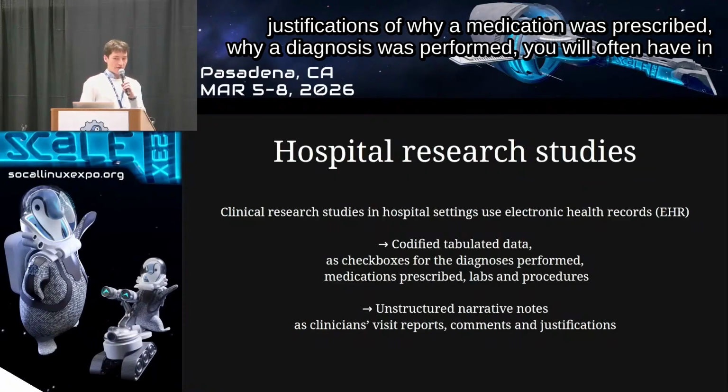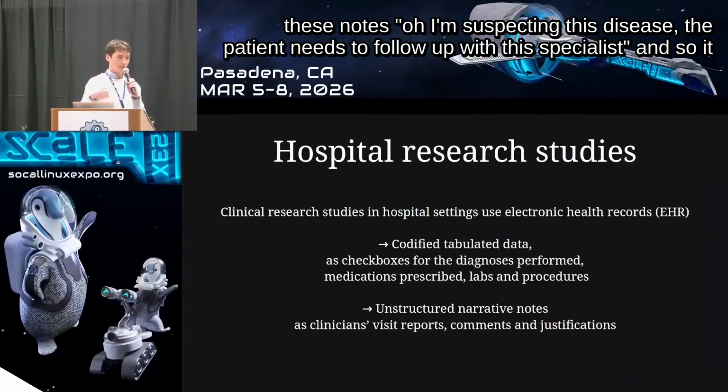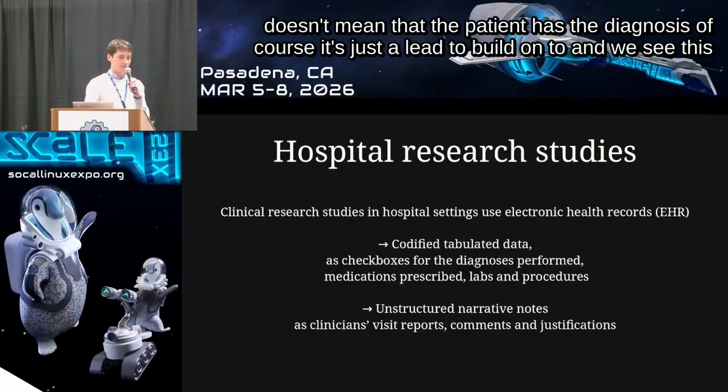You will often have in these notes, oh, I'm suspecting this disease. The patient needs to follow up with this specialist. And so it doesn't mean that the patient has the diagnosis, of course. It's just a lead to build on.